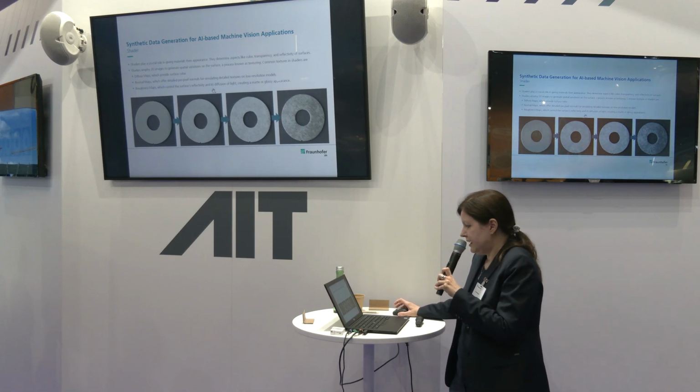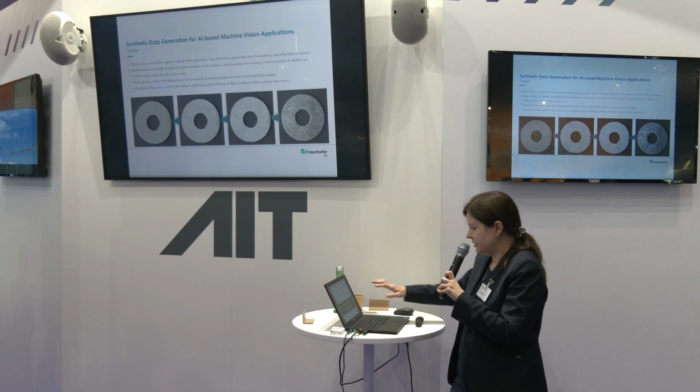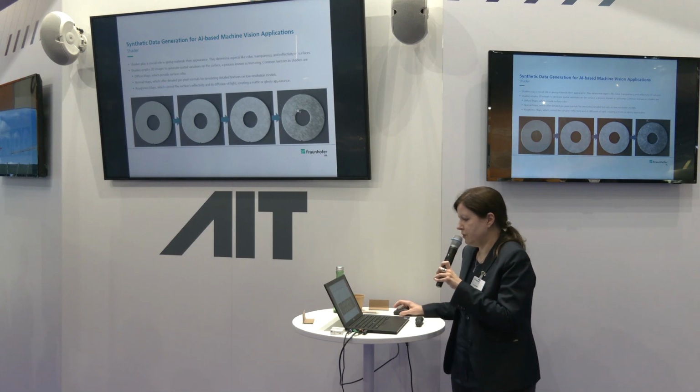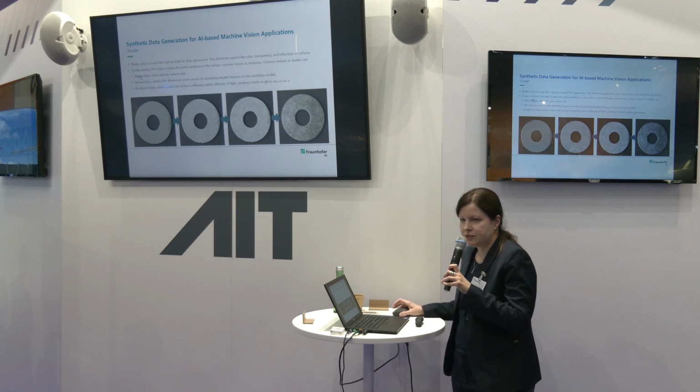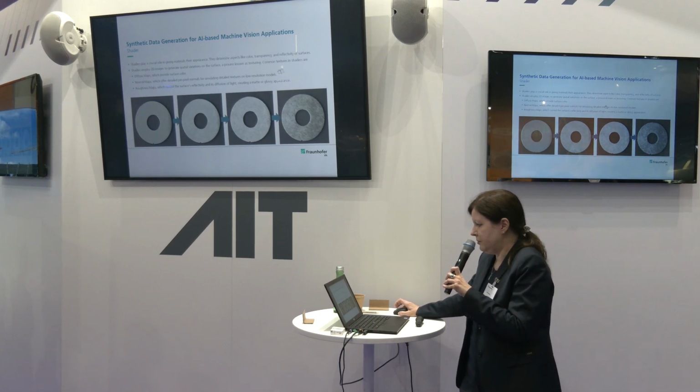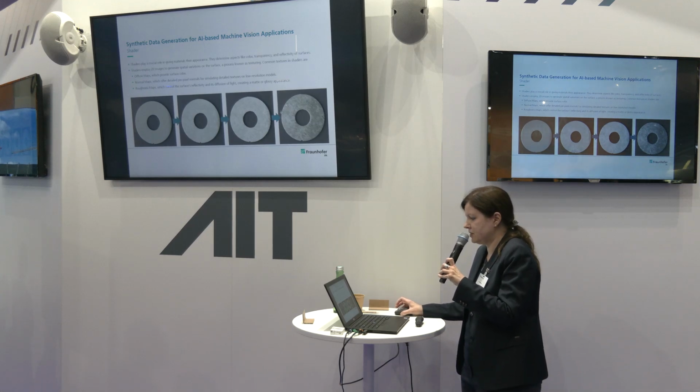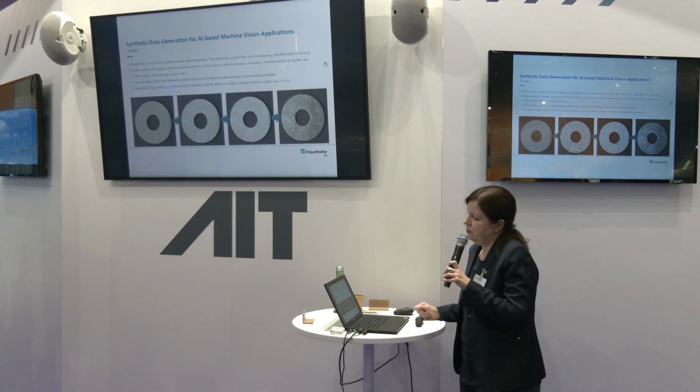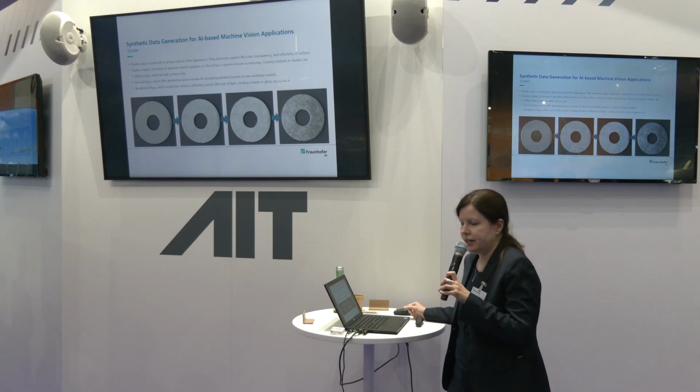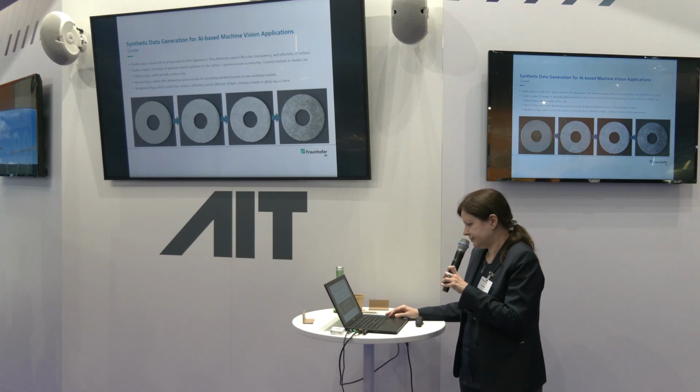Then we do the shading, modifying the surface structure with different kinds of maps: diffusion maps, normal maps, and roughness maps, to get the final object surface.